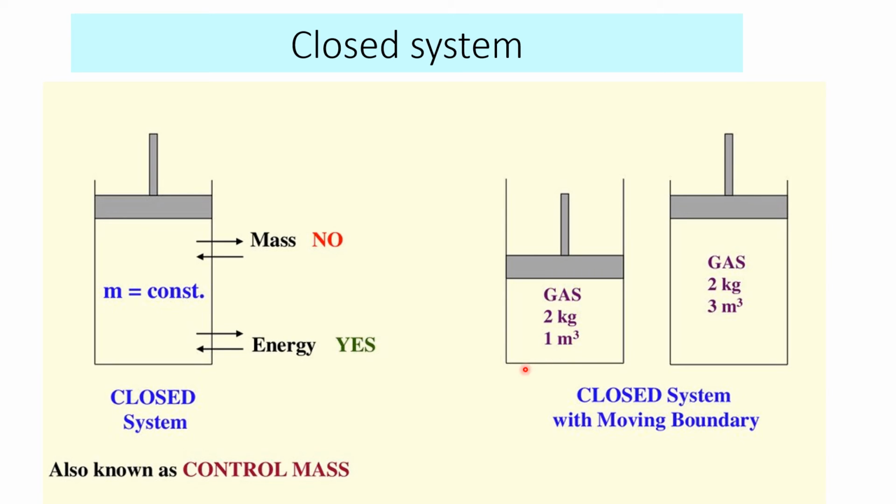The volume of this gas is 1 meter cube, whereas the mass of the gas is 2 kg. This is the piston and cylinder arrangement in which gas is present. So this is our boundary here, the piston. This is also our boundary here. So gas becomes our system and everything external to the system is the surroundings here.